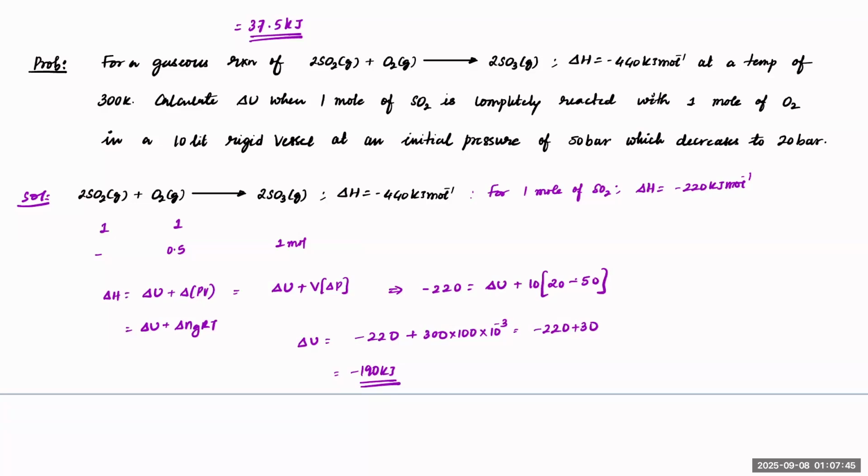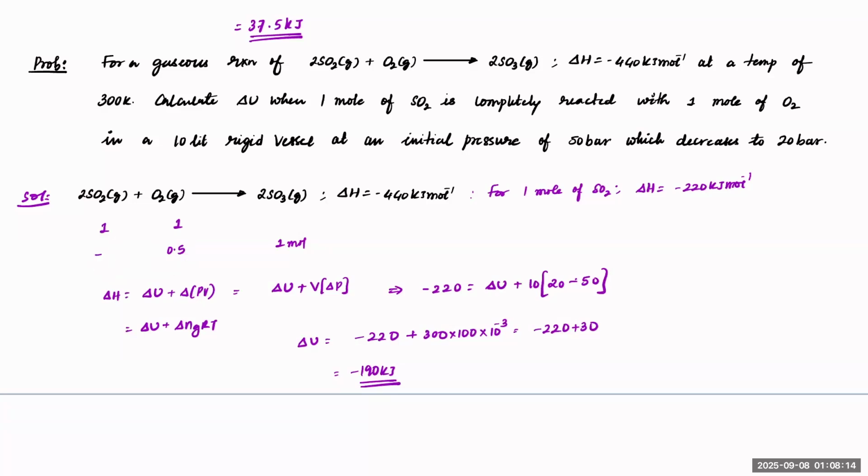Sir, yes, Vita. Sir, why didn't we use delta U plus delta nRT? All right, Vita. Delta U plus delta nRT, we can use it, but when you have delta nRT here, we assume that the reactants have been completed.